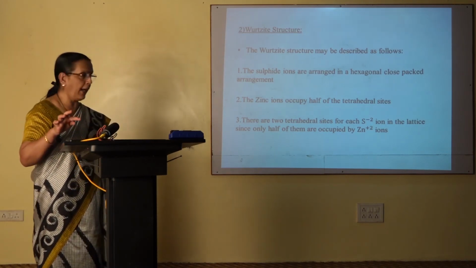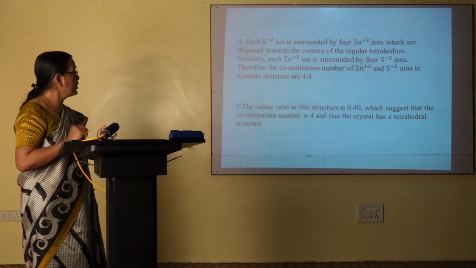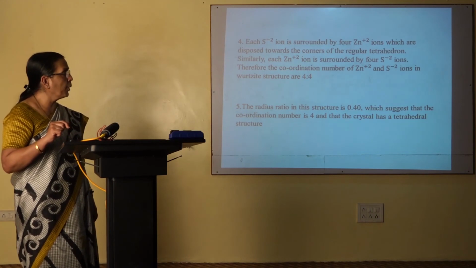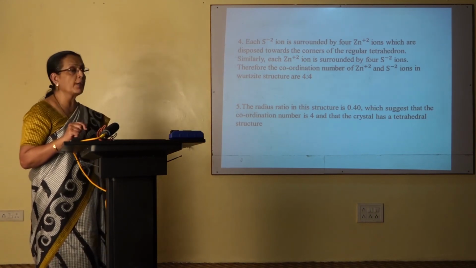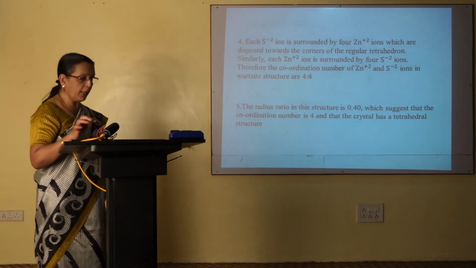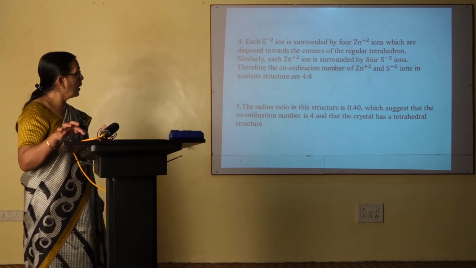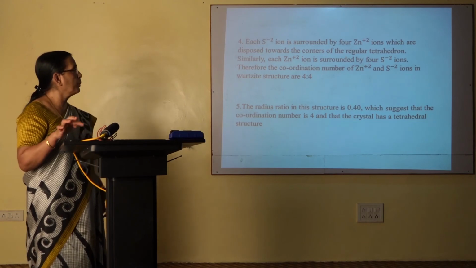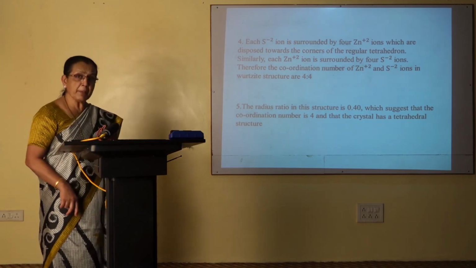Since only half of them are occupied by zinc ions, each sulphide ion is surrounded by 4 zinc ions which are disposed over the corners of a regular tetrahedron.